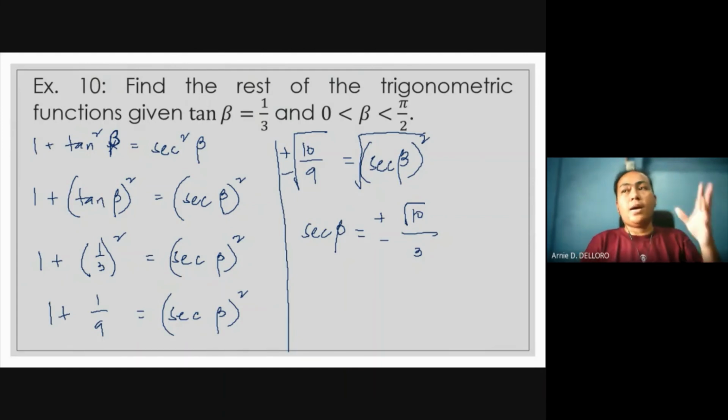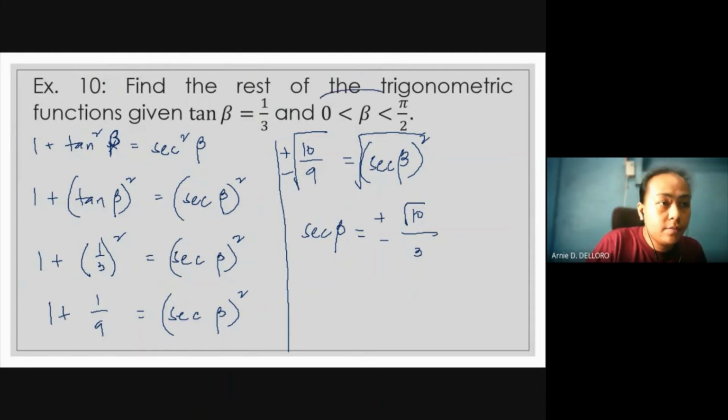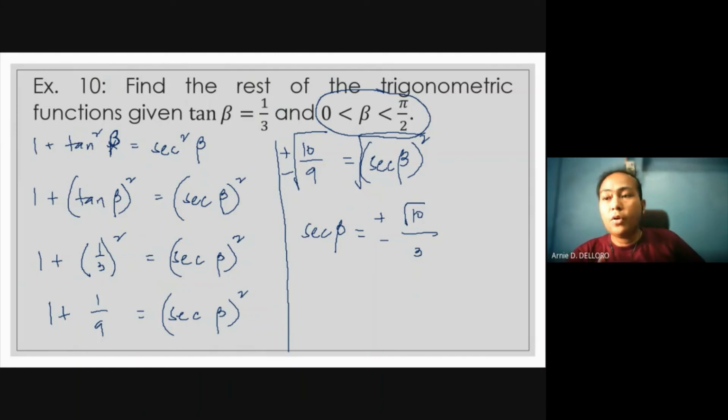Now, take note that the given condition is that the value of the angle is between 0 and pi over 2. This condition tells us that the angle is in the first quadrant.